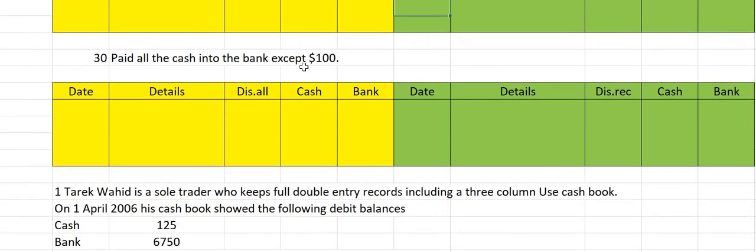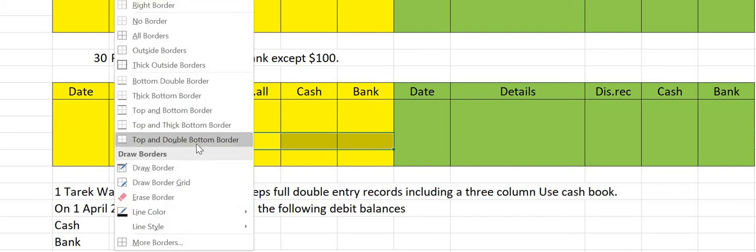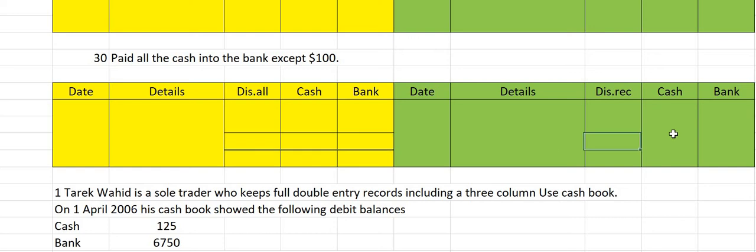Paid all cash into the bank except 100. Now this is a very critical part of the three-column cash book. You have to be very careful. We cannot have an individual transaction for this, but I can explain how to enter this 100. As per the accounting rule, cash cannot have a credit balance.